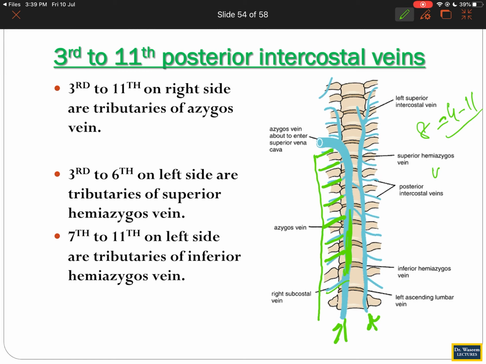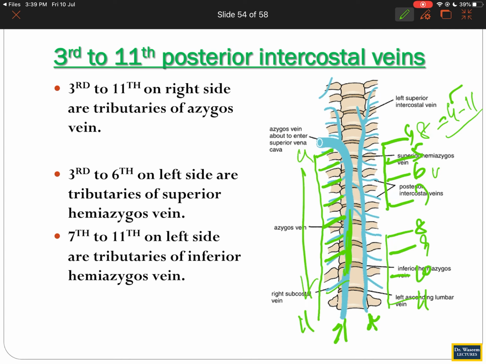But on the left side, the 4 upper veins will drain into a separate vein and the 4 lower veins will drain into another separate vein. Which 4? From 4, 5, 6, 7, and here 8, 9, 10 and 11. But on the right side, from 4 to 11 in continuity in the same vein.